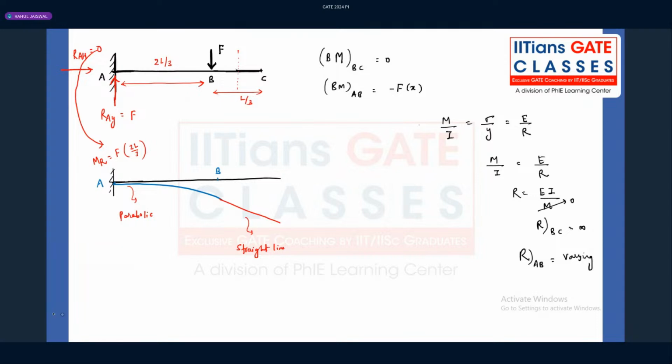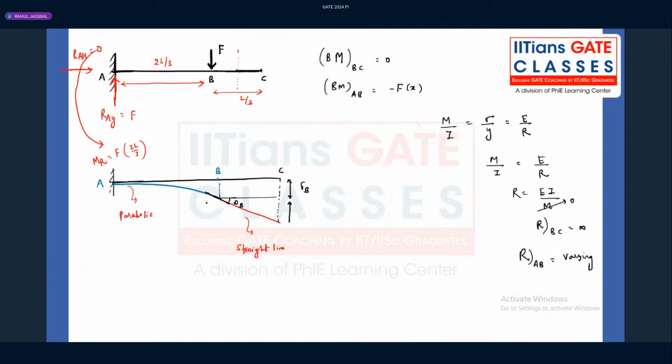Now what is the benefit of drawing this elastic curve? We can calculate the deflection at point C. This is what we need to calculate, and that can be easily calculated from the deflection at point B, and whatever the slope is here, the same slope will be here also, because at point B the straight line and the parabolic curve meet at a common point.